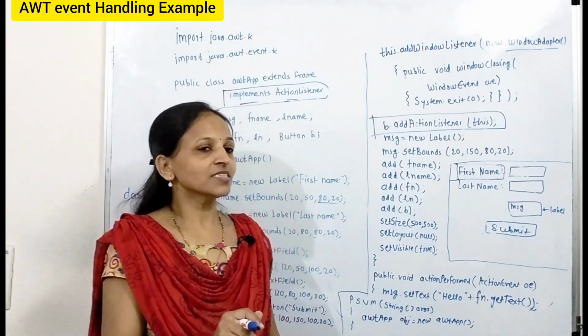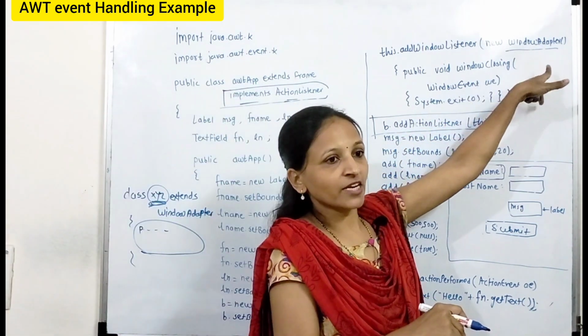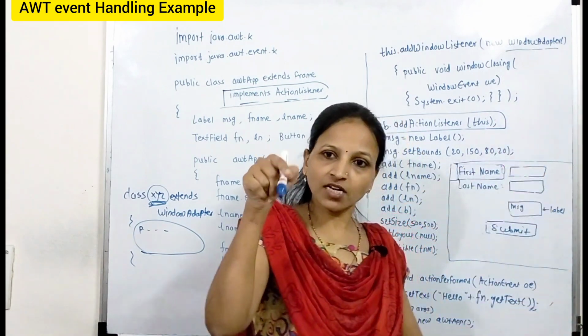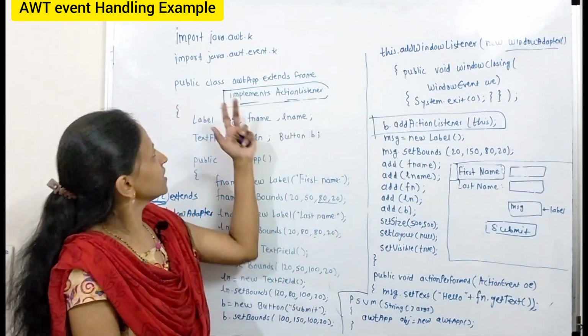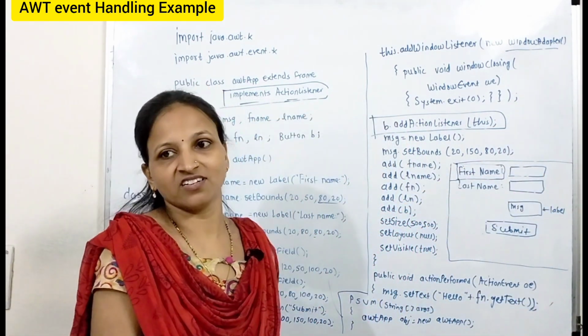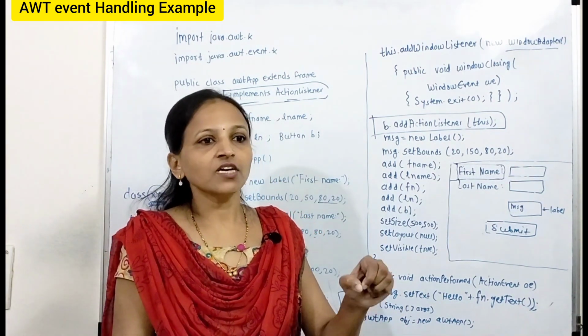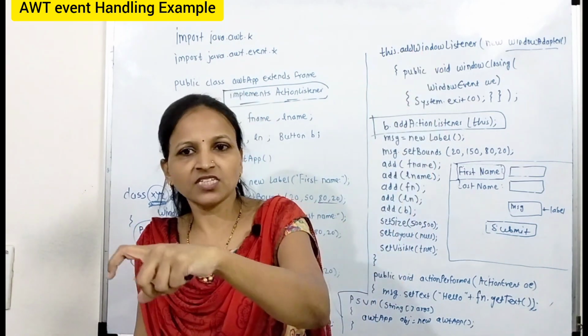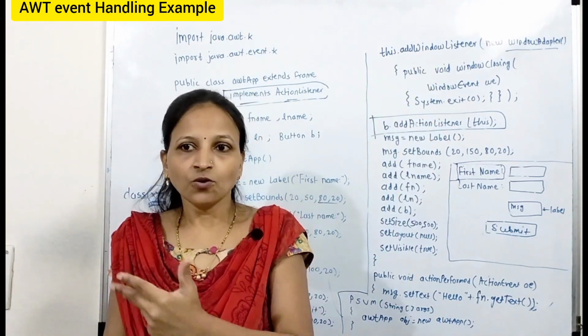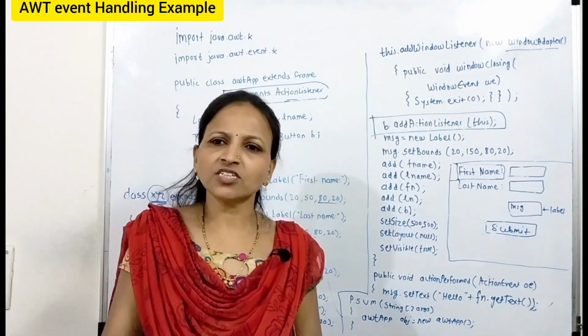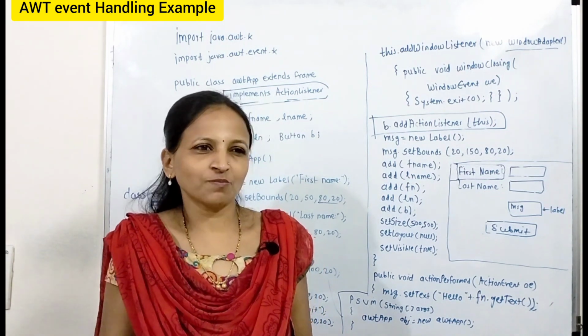Getting? This is nothing but the adapter class concept. Actually this WindowAdapter is an inbuilt class which is present in the java.awt.event package. Those classes are already implementing all the interfaces related to those events, and those have just bodiless methods.